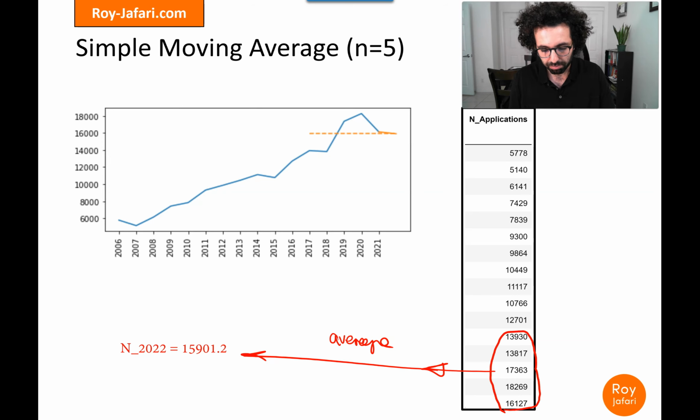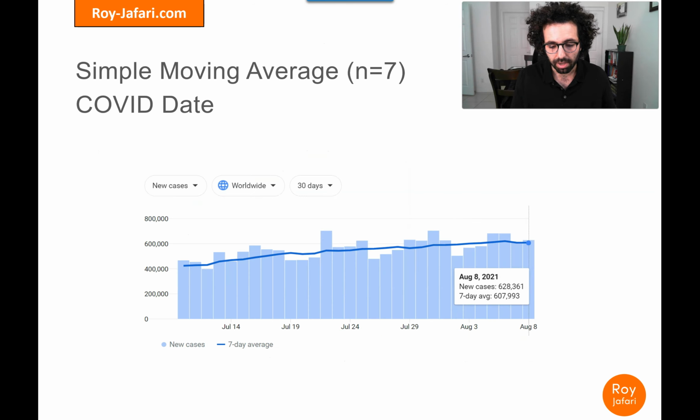Before moving on from this moving average, I wanted to show you a case where we've been using moving average in the past years at least. If you have been looking at the COVID data, you have the daily number of cases, and also you have a moving average, the 7-day average.